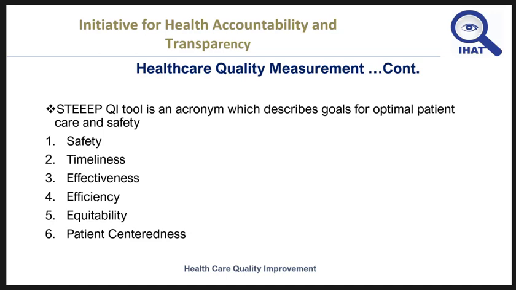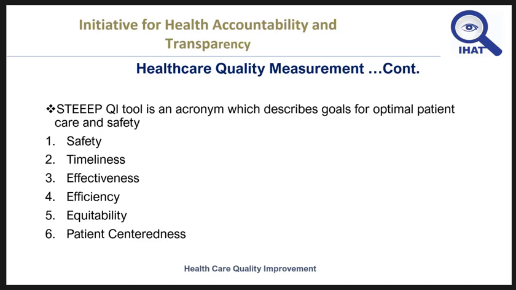The second E in STEEP represents efficiency, which has to do with avoiding waste and providing the most efficient care to clients or patients. And the third E in STEEP here represents equitability, which has to do with providing care that does not vary in quality because of the personal characteristics of the clients or users.